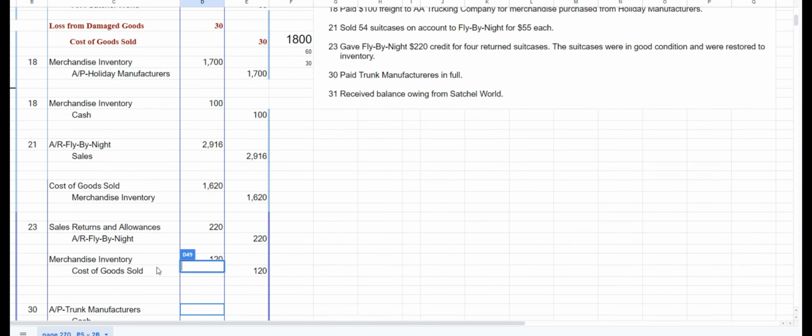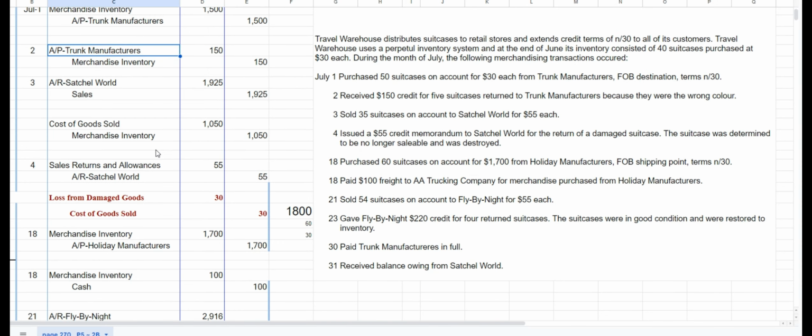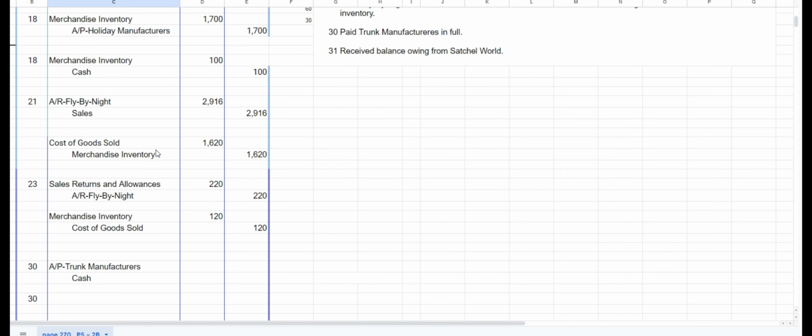Now, how much do you owe them? Let's go back and see. So here, you owe them 1,500. And then the second one, you owe them $150 less, so minus 150. So 1,500 minus 150 is 1,350. So that's the amount that you're going to pay them.